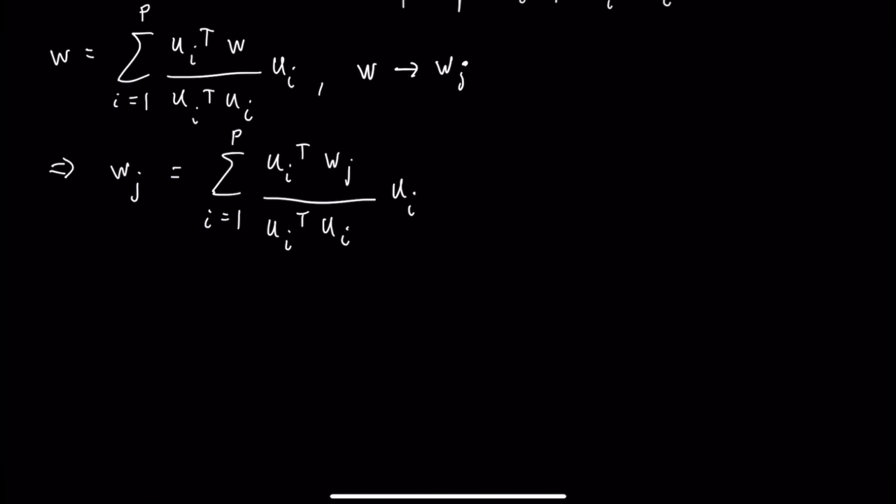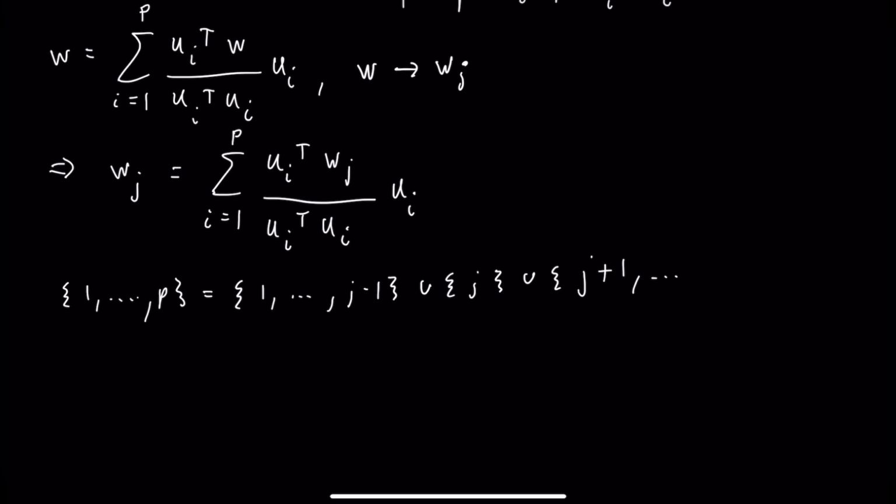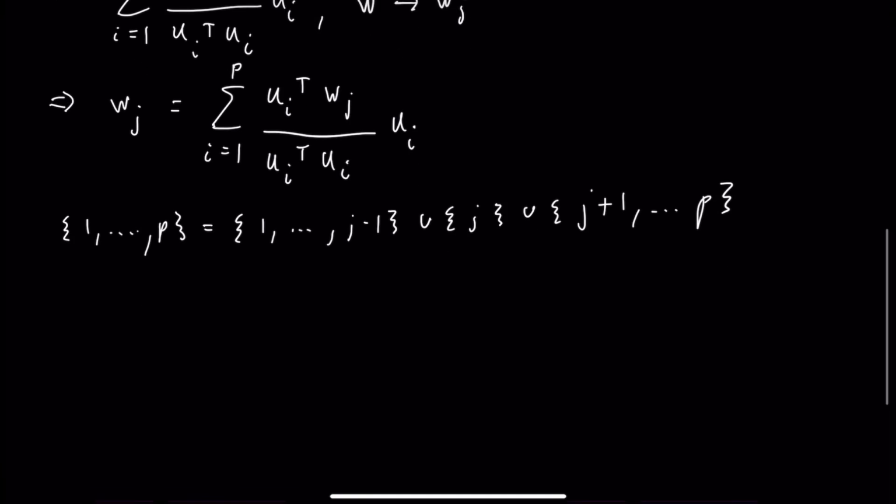Since I is going from 1 to P, we could break that down: this goes from 1 to J minus 1, union J, union J plus 1 to P. We're just breaking the partition down.